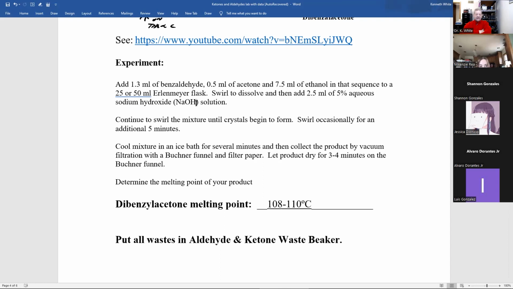until you get a solid. Now, you'll cool the mixture in an ice bath and collect it on what's called a Buchner funnel. And let's see if I can get you one.